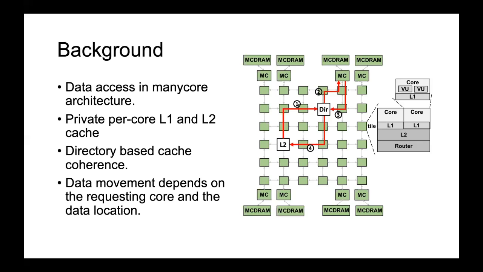Each node in this network consists of the cores, the private L1 and L2 caches, and the L2 cache is maintained to be coherent using directory-based cache coherence. The data movement in this system depends on the requesting core and the data location.